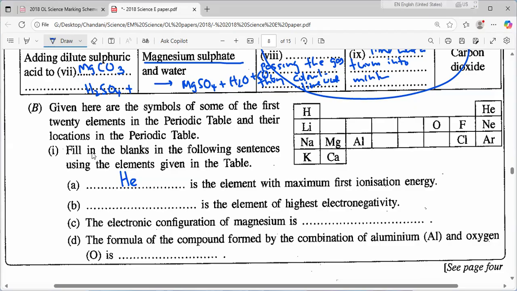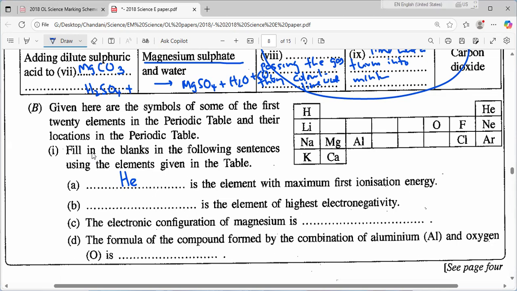Once again, first ionization energy means releasing one electron and forming a positive gaseous ion. The first ionization energy is maximum in the group 8 elements. Here the three group 8 elements given are helium, neon and argon. Out of these three, helium has the maximum first ionization energy.